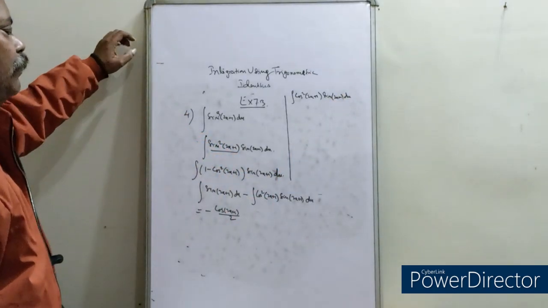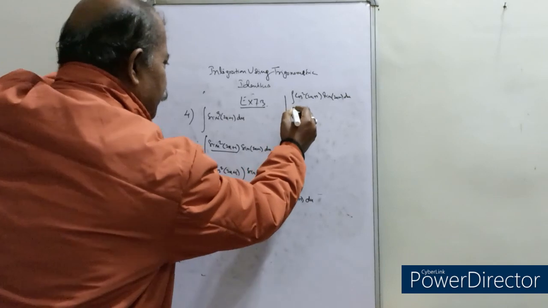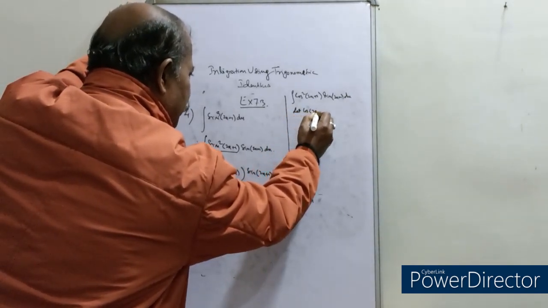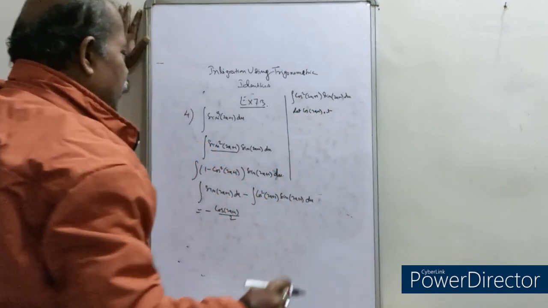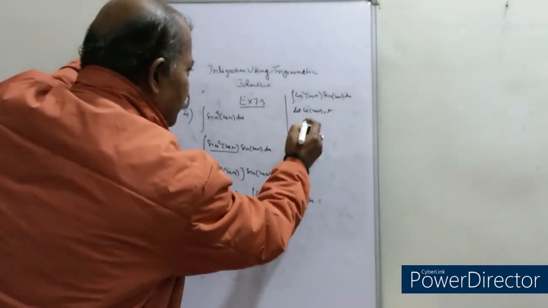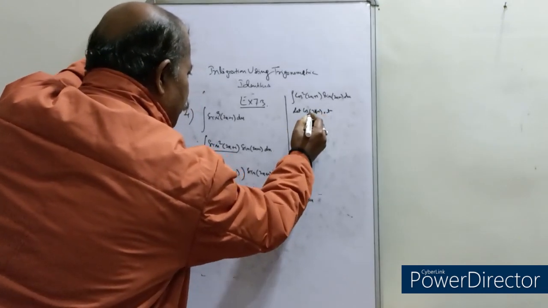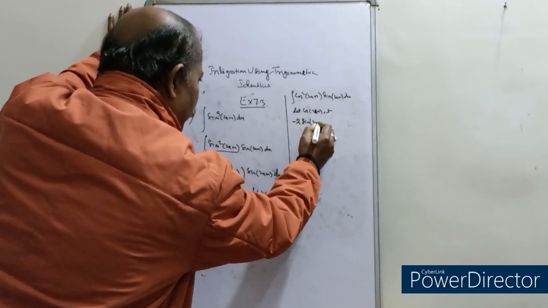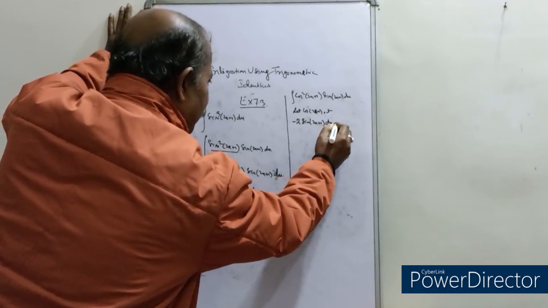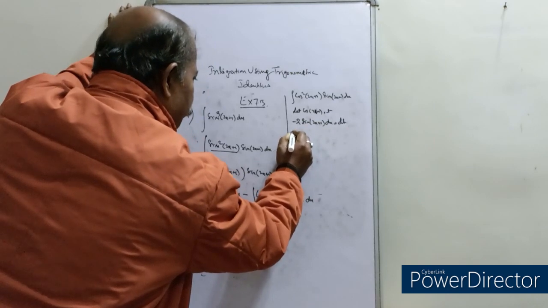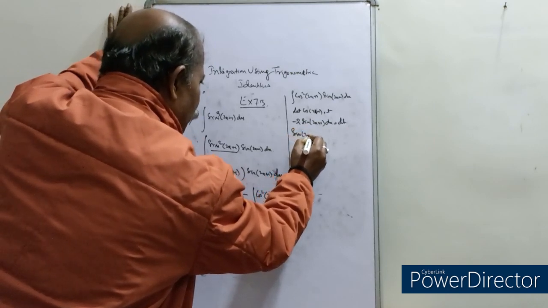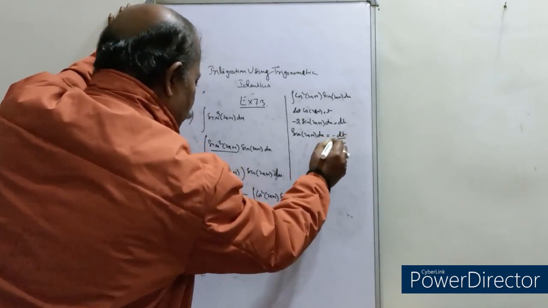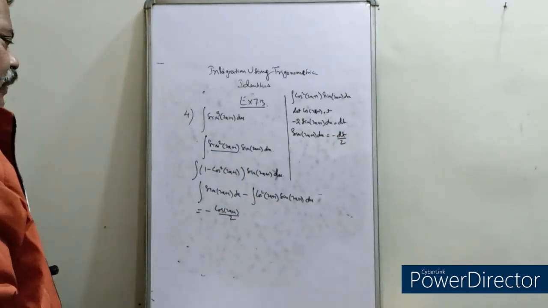Suppose cos (2x + 1) is equal to t. Now when you differentiate it, you get minus 2 sin (2x + 1) dx is equal to dt. So sin (2x + 1) dx is equal to minus dt by 2.